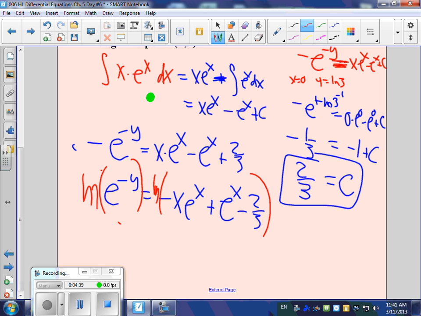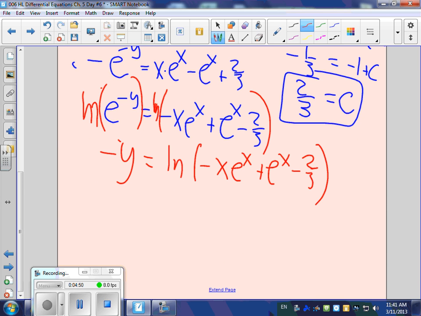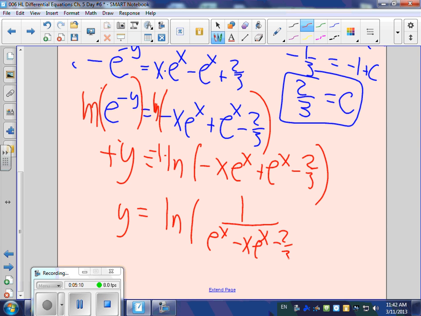So that's going to be negative y equals natural log of negative x e to the x plus e to the x minus 2/3. And then what do you do? Divide by negative 1. This is like negative 1 times this, so could you see why I'd get natural log of 1 over e to the x minus x e to the x minus 2/3, yeah.